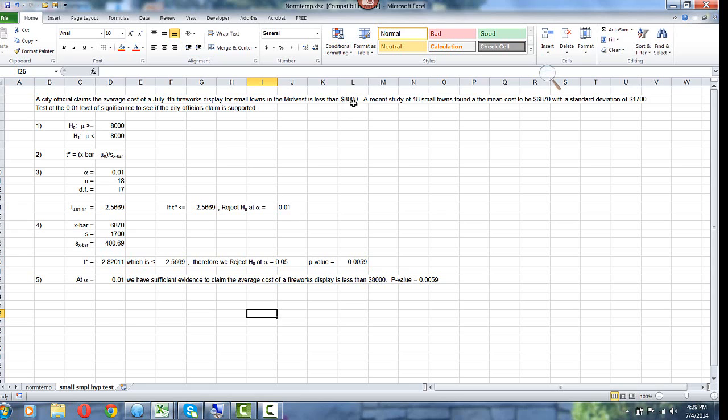So now that includes 8,000, so that's less than or equal to, and it would be in the null. No more than 8,000 says less than or equal to 8,000. Well, okay, that's fine, but that becomes the null hypothesis, and it's a very different test then. And then of course you'd be testing against greater than 8,000.